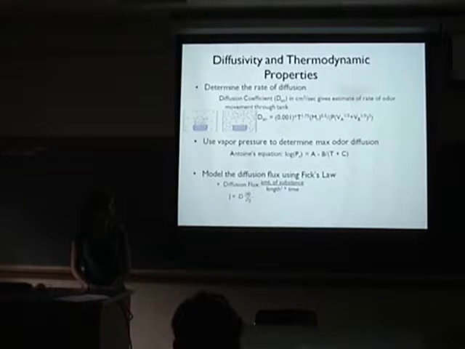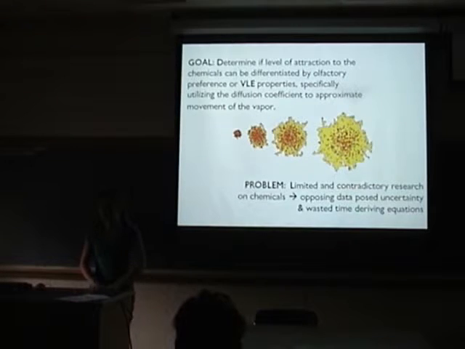To find this value, I used this simple equation, J equals negative D, and the C is the actual concentration.